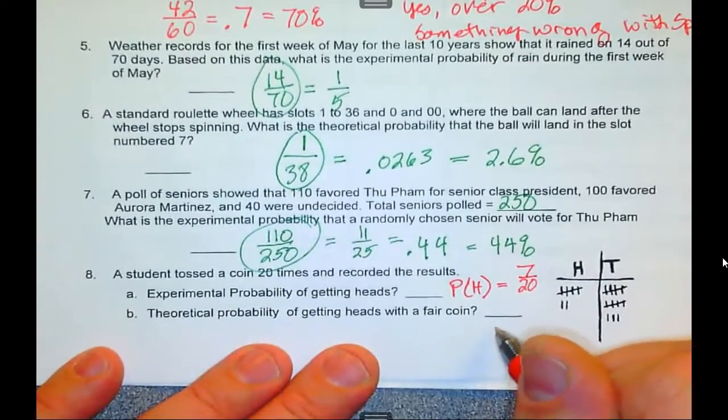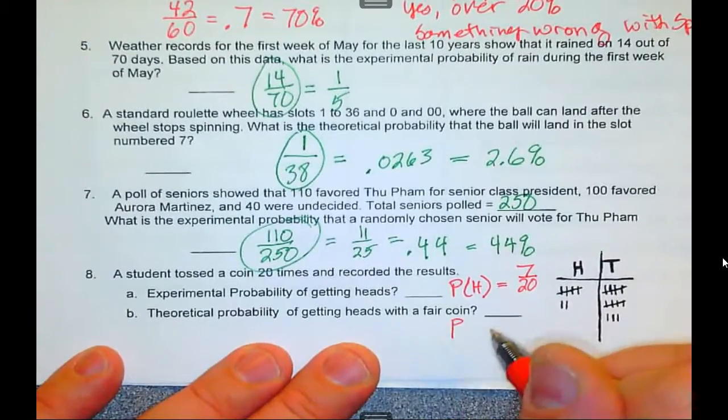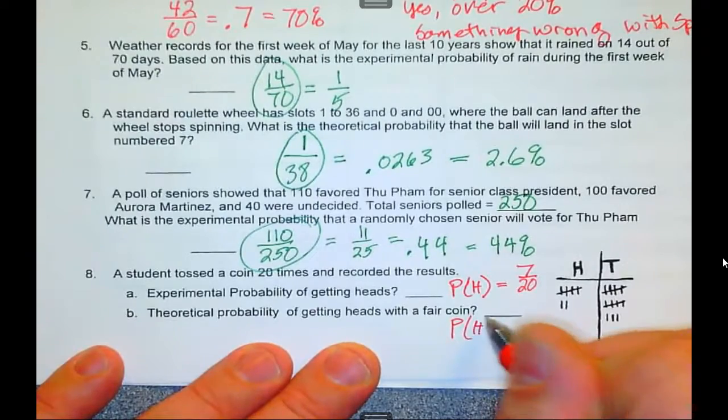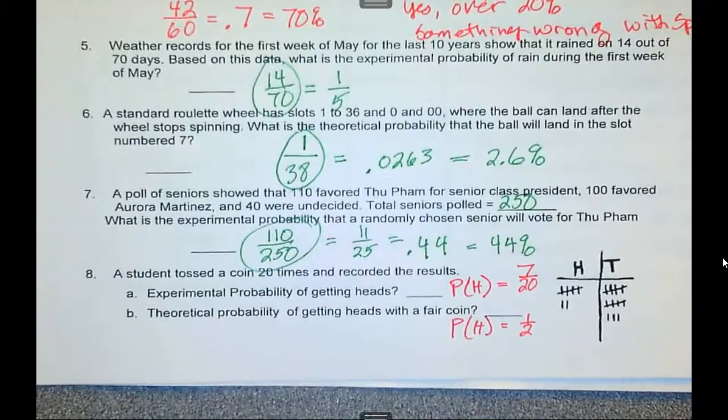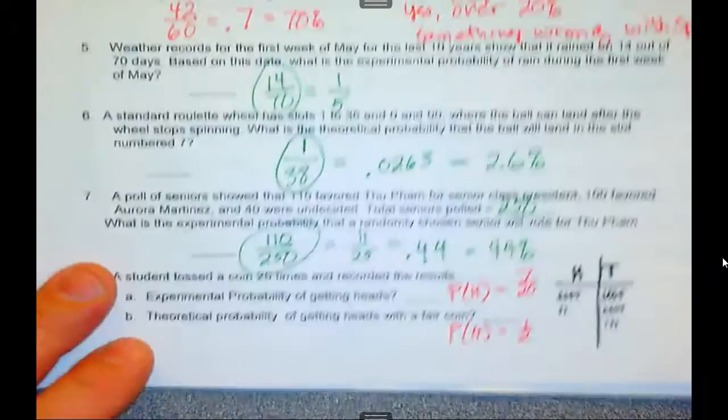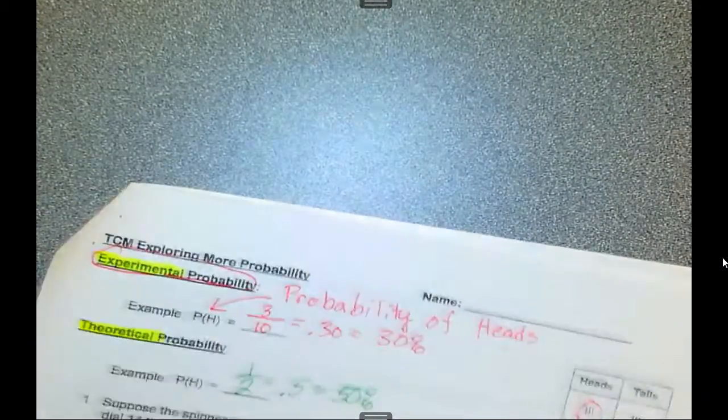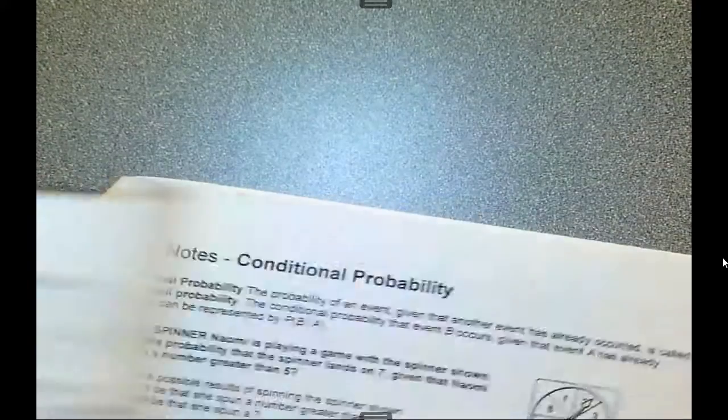Theoretically, it would be 1 out of 2. This is easy. Easy peasy.